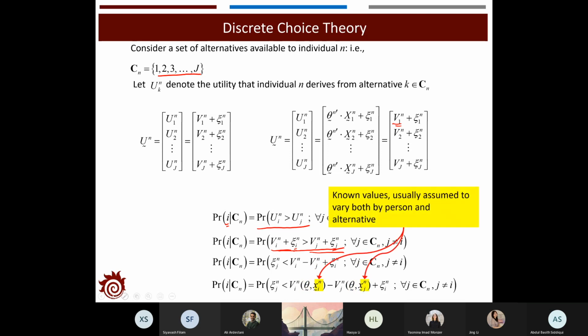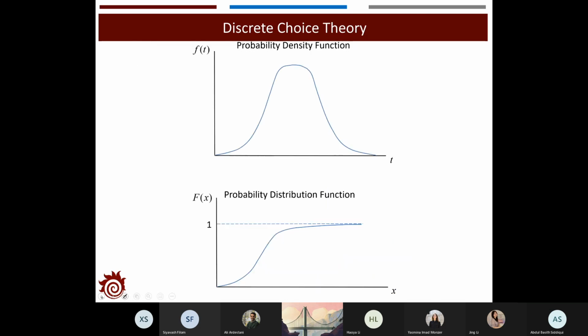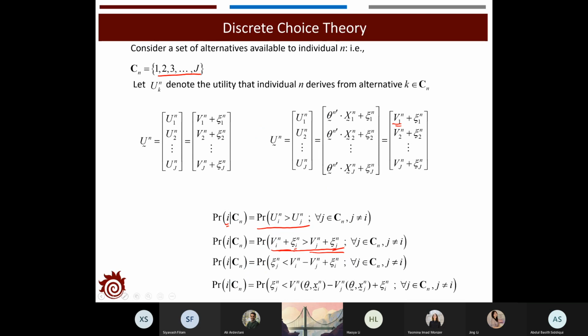And regarding the attributes, they are all known, could be observed, and they are the key component for us to conduct the calibration. So that will be the overall model.